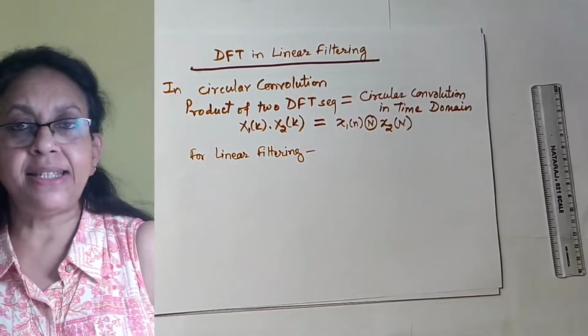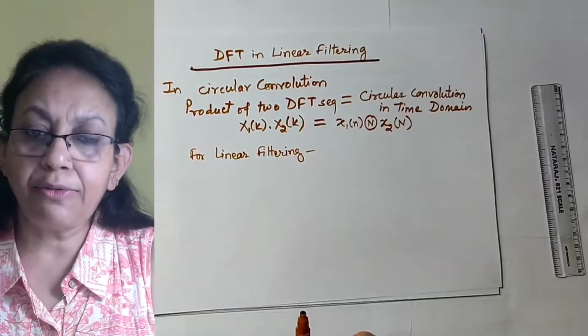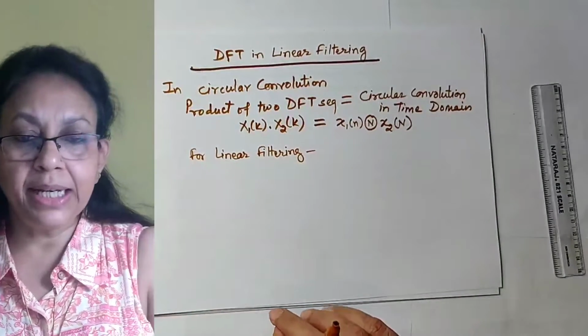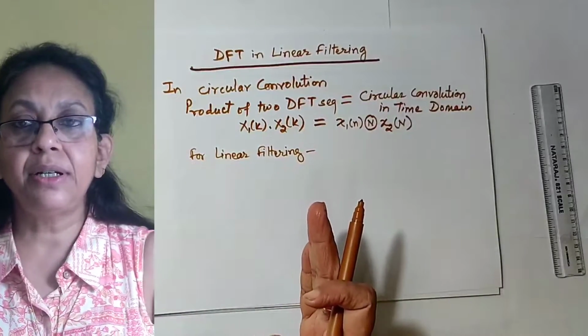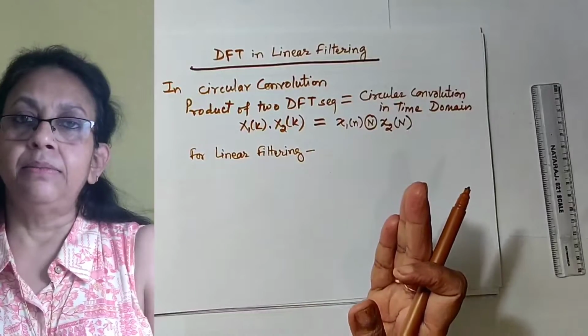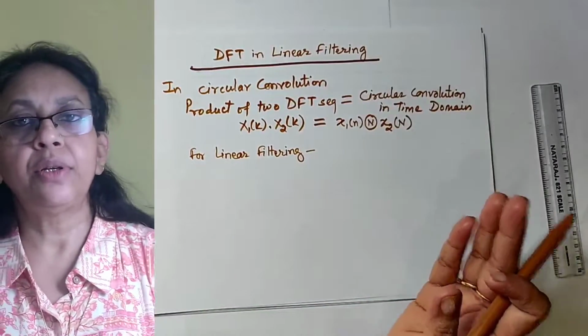If overlapping is there, what is the cause of error? Aliasing problem will be there. So circular shift overlapping results in an aliasing problem.